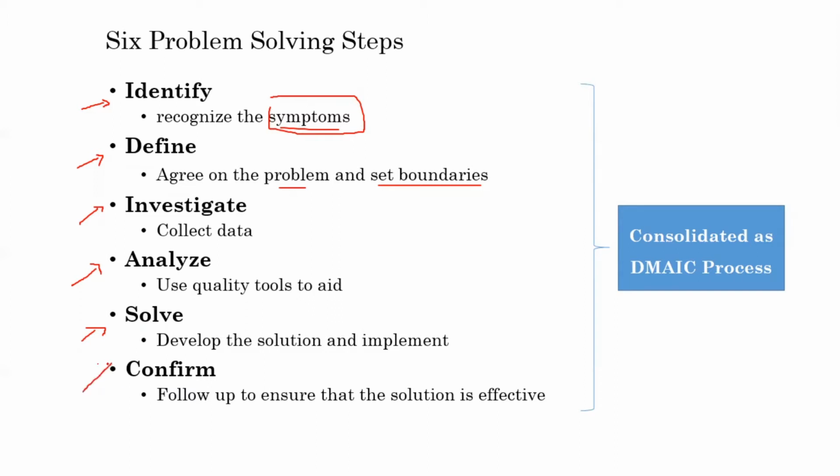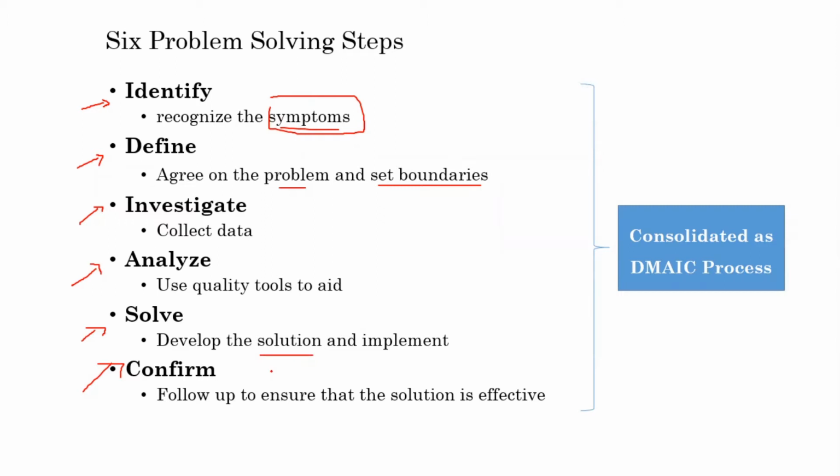Then after that, you have the confirm phase. This phase would enable you to see if the problem is solved. Remember, here you have seen the symptoms and you have defined the problem. Now in the solve phase, you have given a solution. So what did the solution bring to your problem? Is it positive? Is it negative?